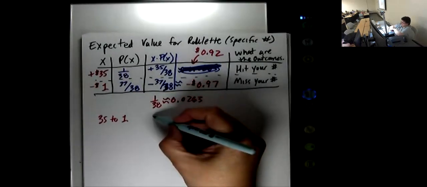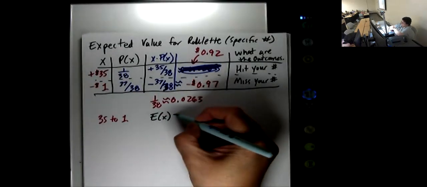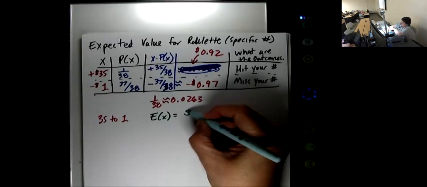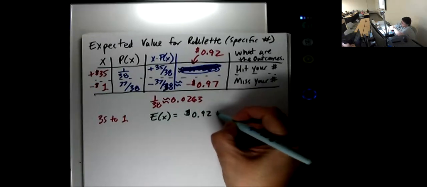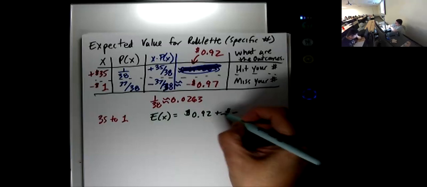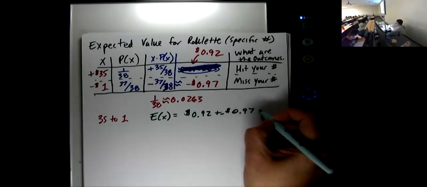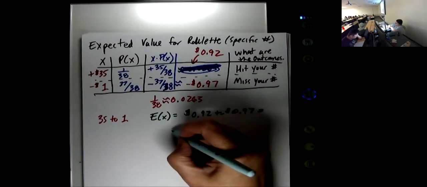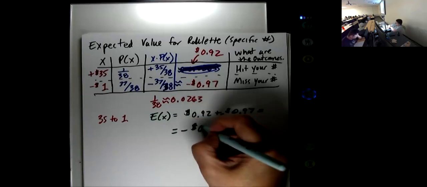So my expected value, I add those up. 0.92 plus negative 0.97, and I get minus 0.05.